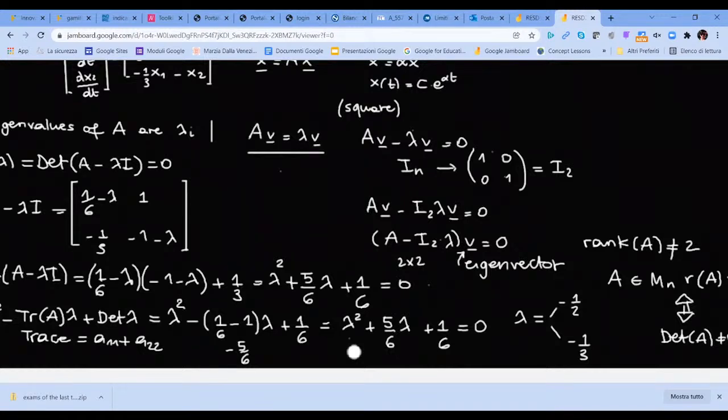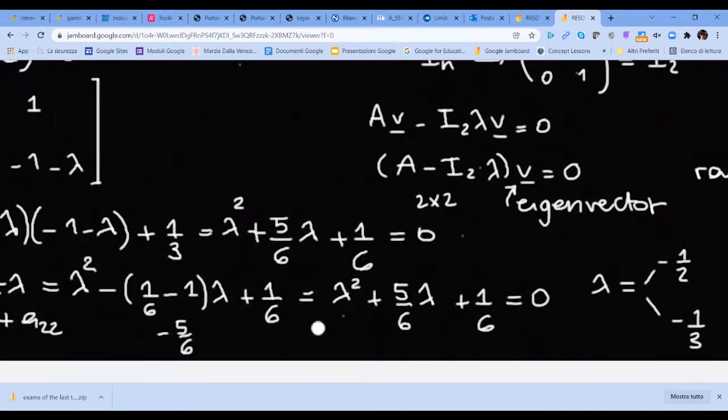Okay, if you are factorizing a special trinomial, the sum of the two terms that you have in the parentheses should have plus 5/6 as sum. Let's say lambda minus a, lambda minus b, okay?